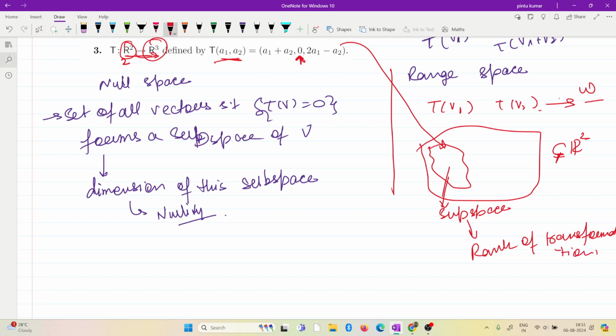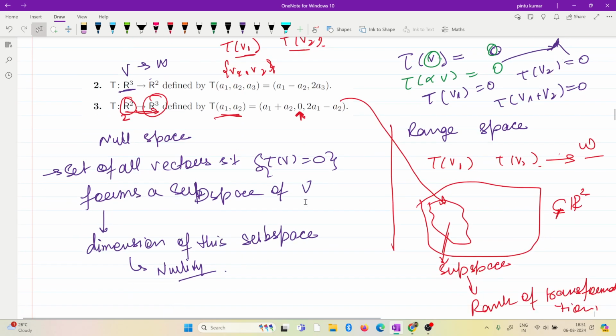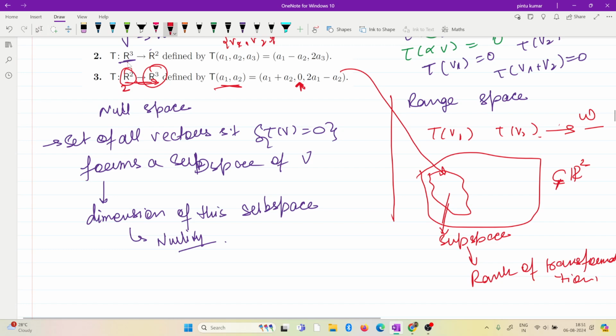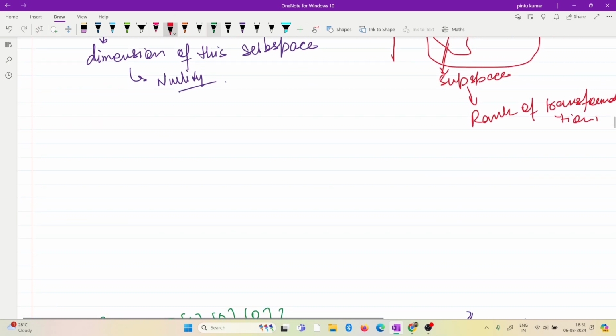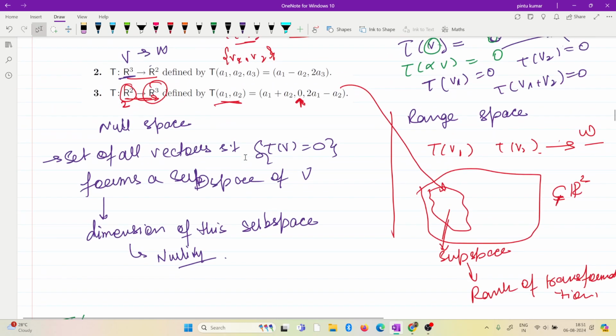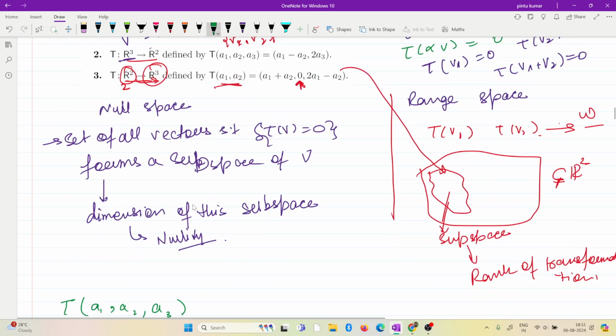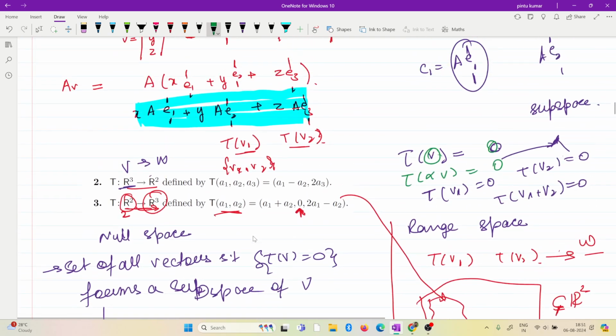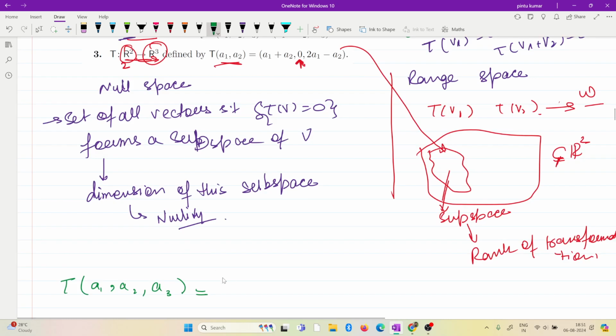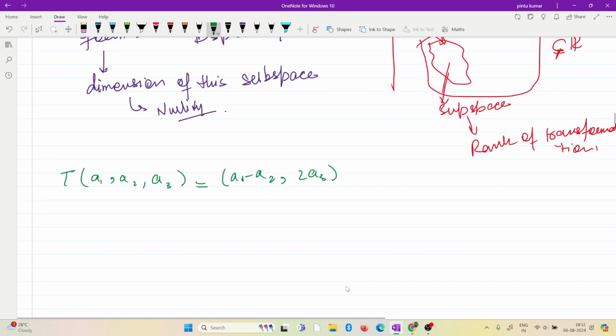Okay, so we will try to find the null space and the range space for, let's say, the first example. We'll do one example for you. T of (A1, A2, A3) is given by (A1 minus A2, comma 2 A3), right?